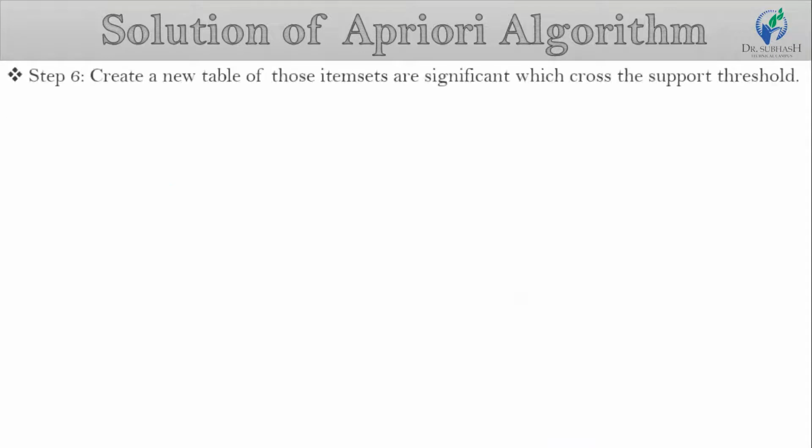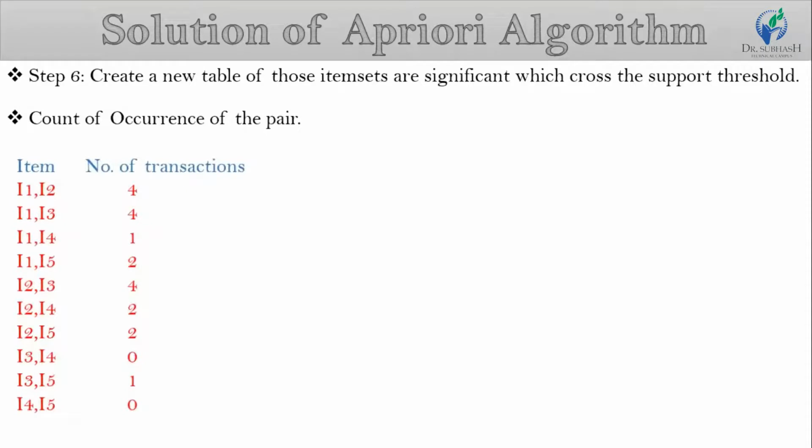Now, in step number 6, we create a new table of those item sets that are significant, which cross the support threshold. Seeing this table, which we created in step number 5, we prune the table with the golden rule to the rescue: remove all the item pairs with number of transactions less than 2.